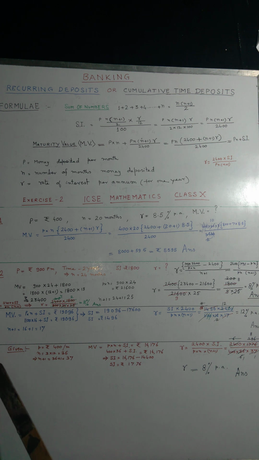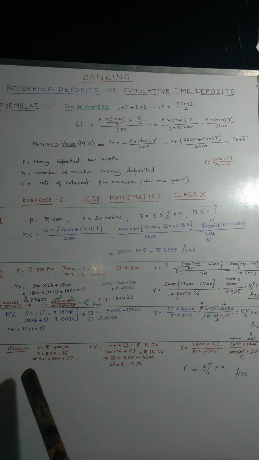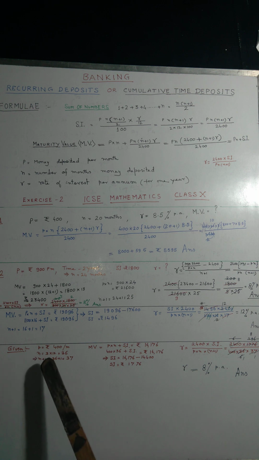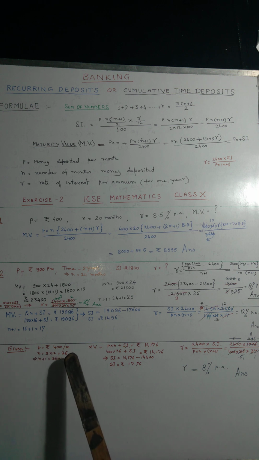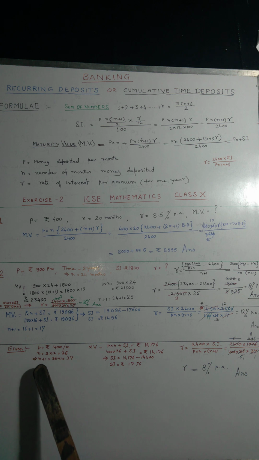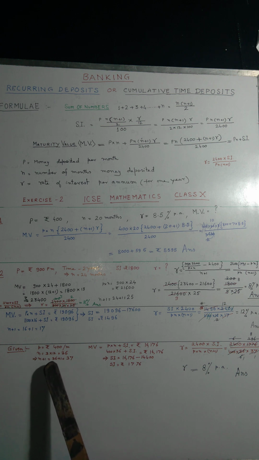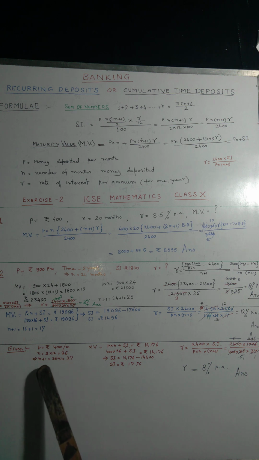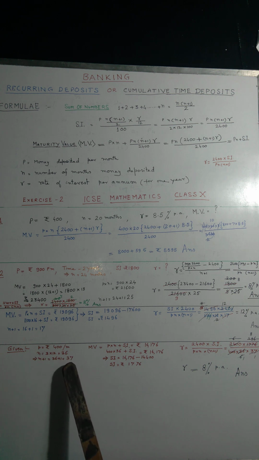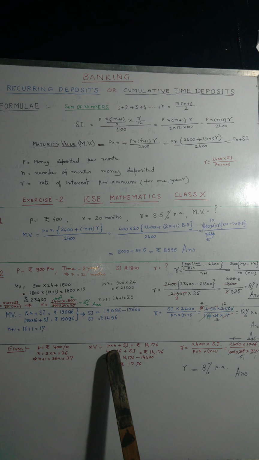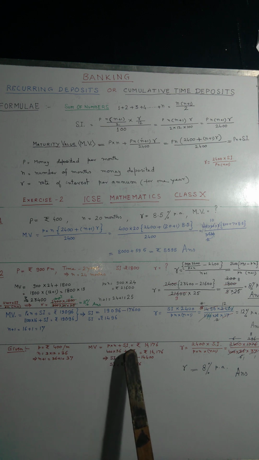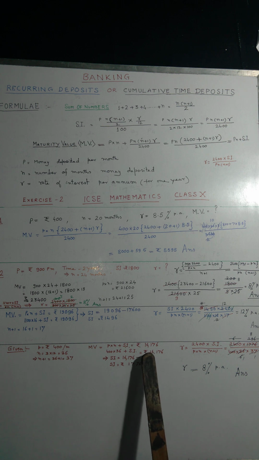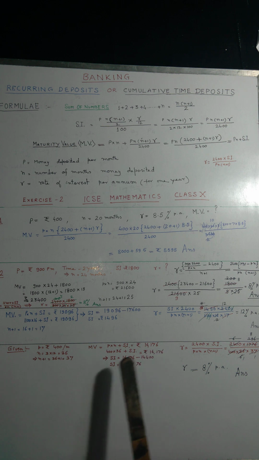Now question number 4. Given principal is 400 per month. n, the number of months, will be equal to 3 into 12, that is 36 months. n plus 1 will be equal to 37. Maturity value will be equal to P into n plus SI, that will be equal to 16,176.